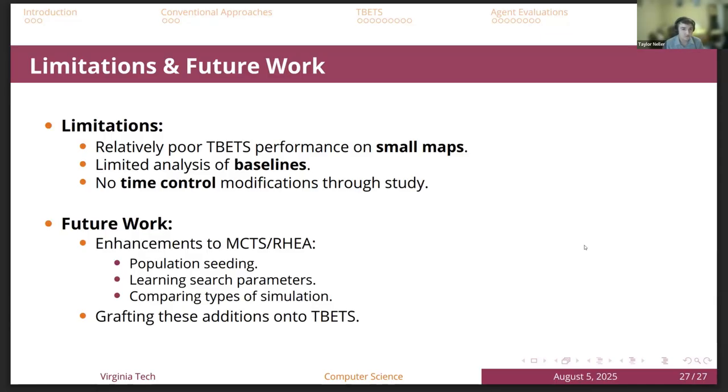For future work, we want to modify the baselines more and then apply those modifications to T-bets as well, since it's a hybrid algorithm that can sort of be the best of both worlds and take modifications that both of the others can as well.